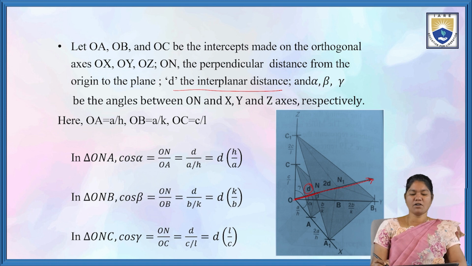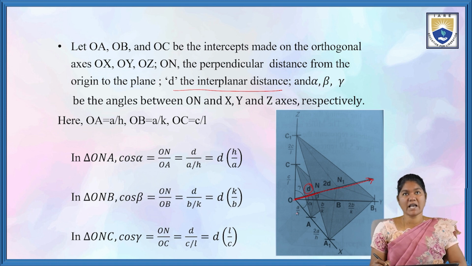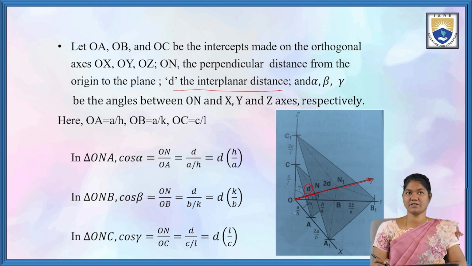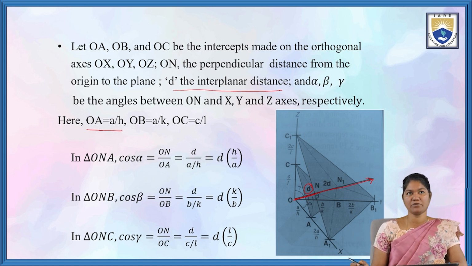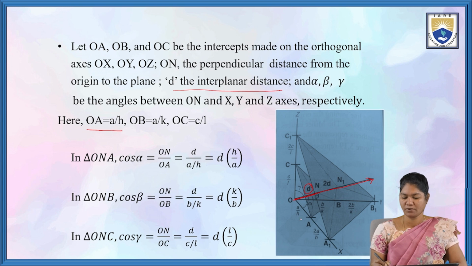Alpha, beta, gamma are the angles between ON and OX, OY and OZ respectively. Here the intercept on the x-axis, OA, is equal to a by h.